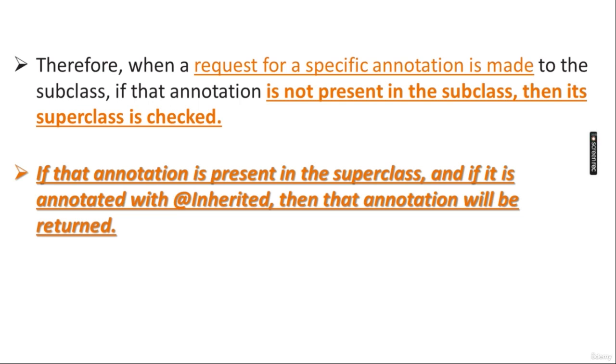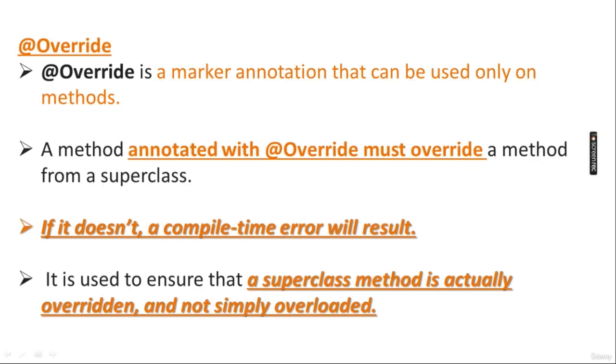If that annotation is present in the superclass and it is annotated with @Inherited, then that annotation will be returned. So this way we have understood the Inherited annotation. Now we will be viewing the annotations from the java.lang package.